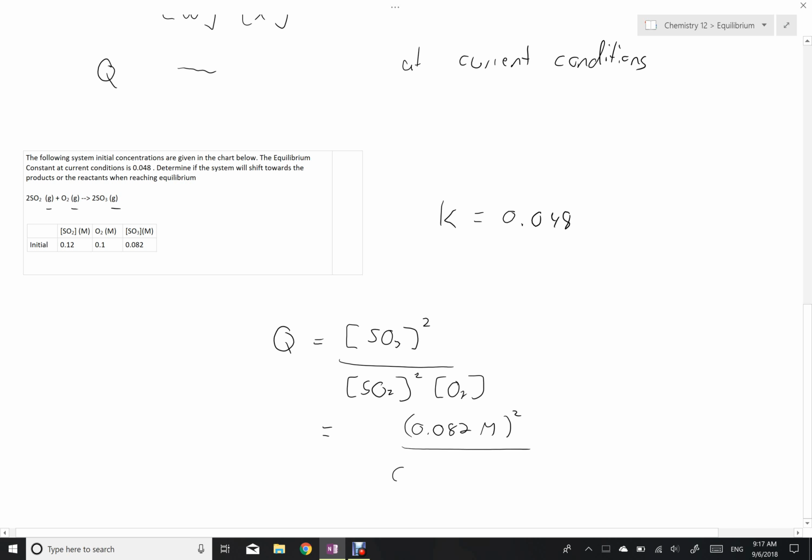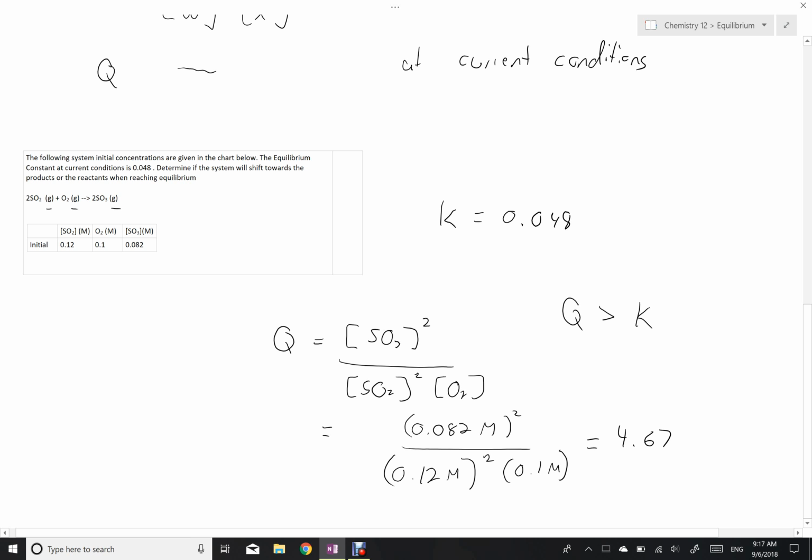And we have 0.12 molar, and that's squared, and 0.1 molar, and that's just left alone. So let's just punch all these into a calculator. 0.082 squared divided by 0.12 squared divided by 0.1, and I get 4.67. So my Q is much greater than my K.